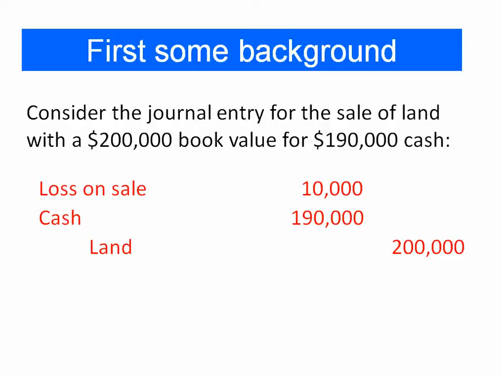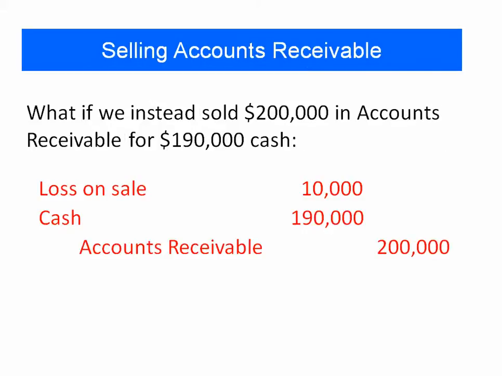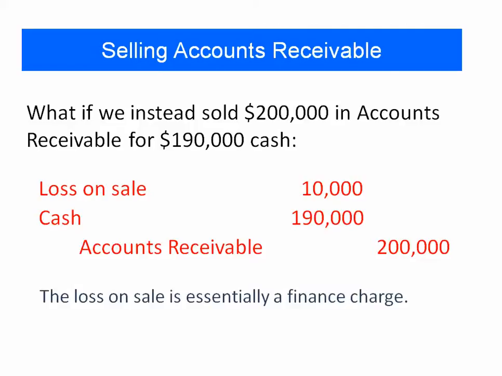The journal entry is essentially the same if instead of selling land, we were to sell our accounts receivable. Instead of crediting land for $200,000, we would credit accounts receivable for $200,000, but we would still have the same $10,000 loss on the sale. In this case, however, we can almost consider the loss on the sale a finance charge that we have paid for accelerating the collection of our cash.